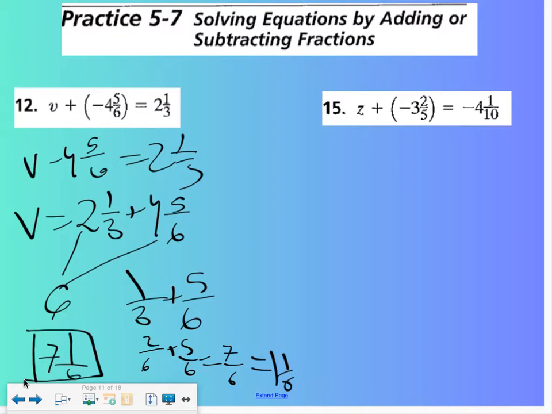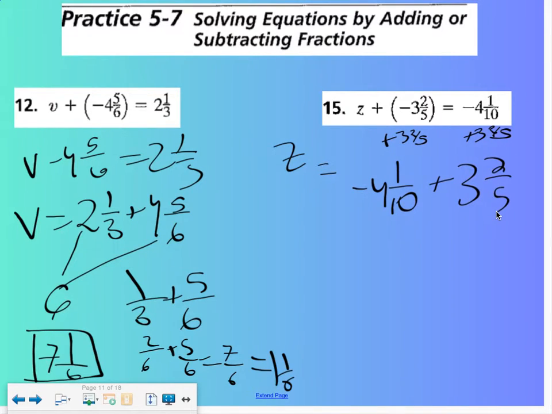All right, so take a look at 15. We have z. We are adding 3 2/5 to both sides. All right, so that gives us z equals negative 4 1/10 plus 3 2/5. All right, so 2 ways to do this.